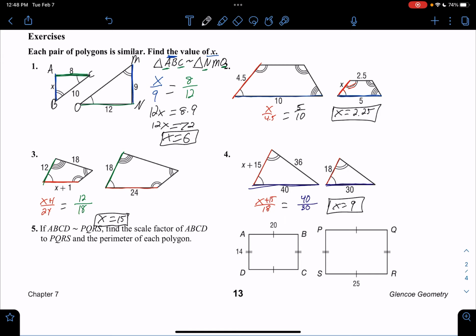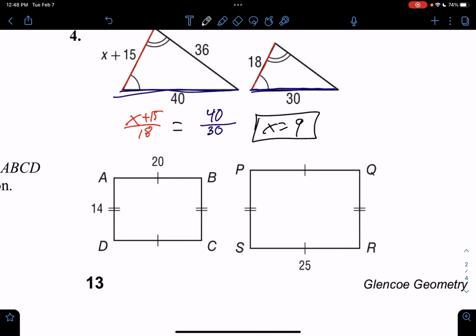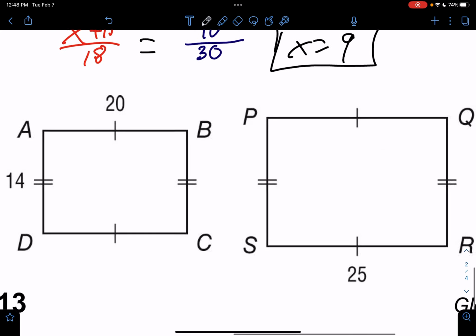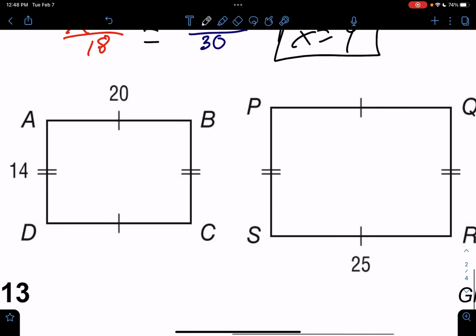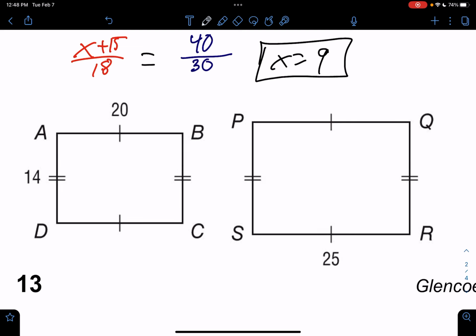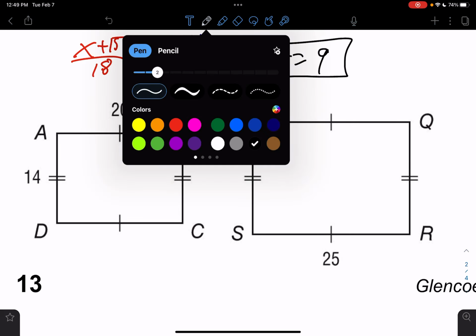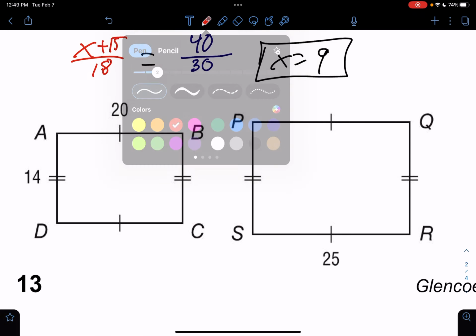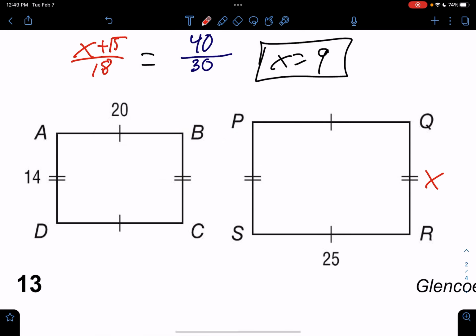So we need to find the perimeter of each polygon. We're going to take a look here and try to understand how this looks. Let's begin by understanding that I'm missing a value for this side. So I will have to calculate that side.